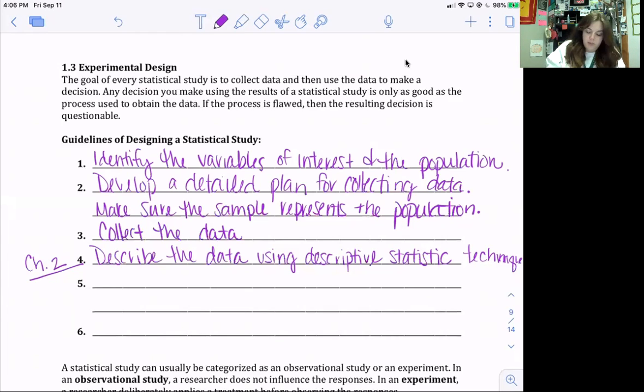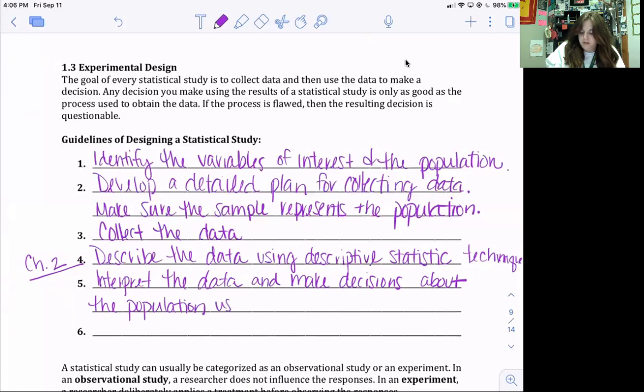So we're going to look at interpreting the data and make decisions about the population using inferential statistics.